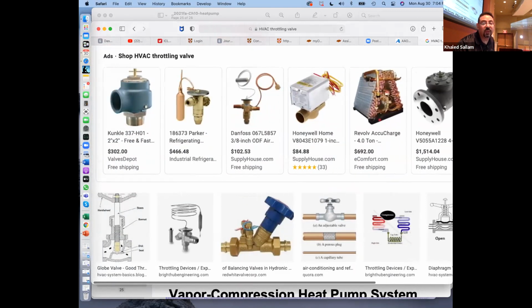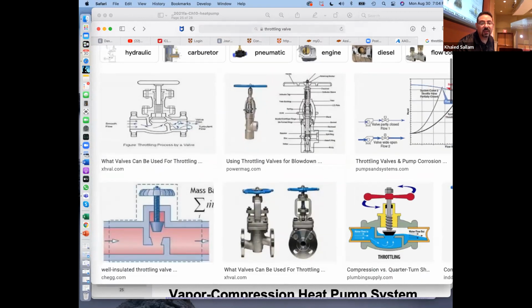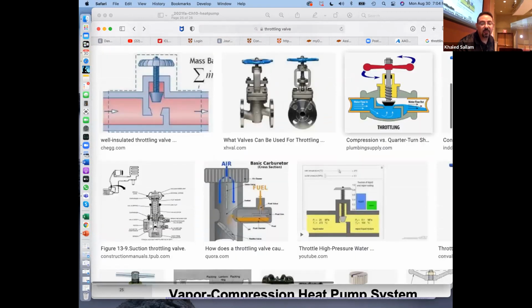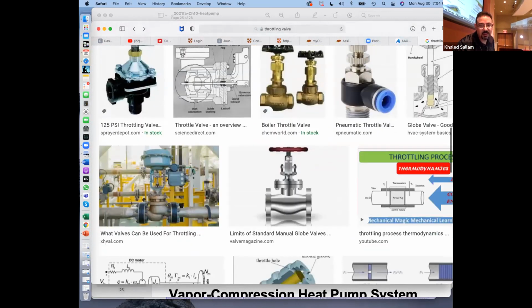And usually there are two of them, on either side, before the evaporator and before the condenser, and it's bypassed by a check valve. So if the flow goes one way, the throttling valve works and you drop the temperature. But if you come the other way, the check valve opens and you bypass the throttling valve.